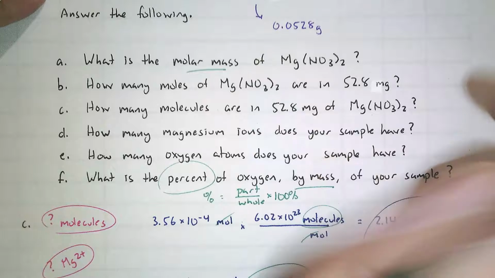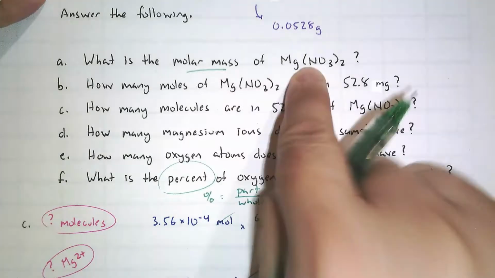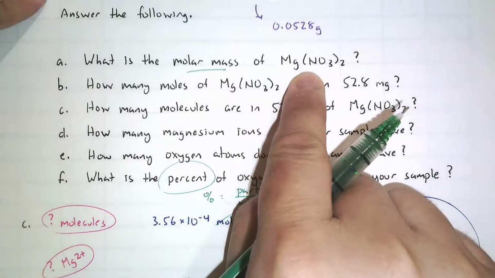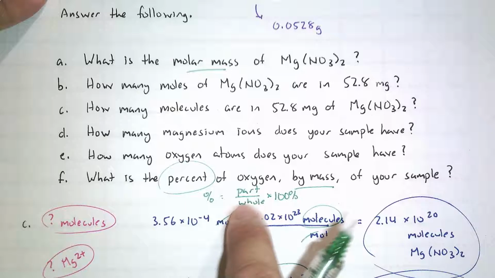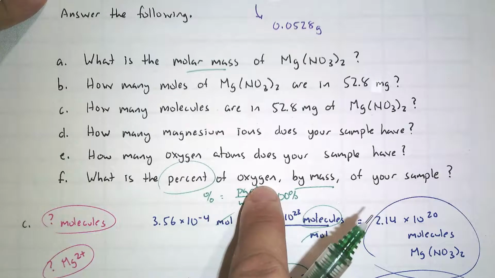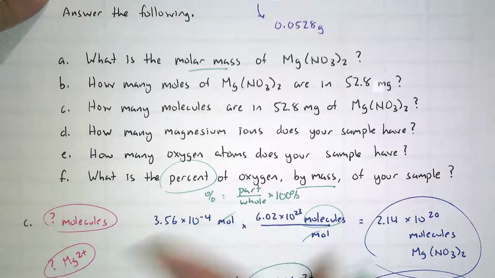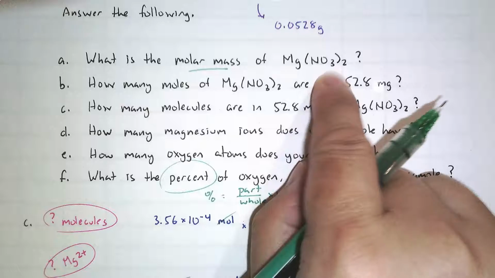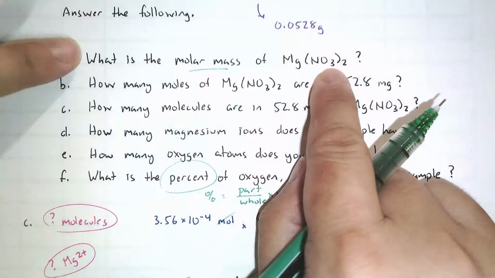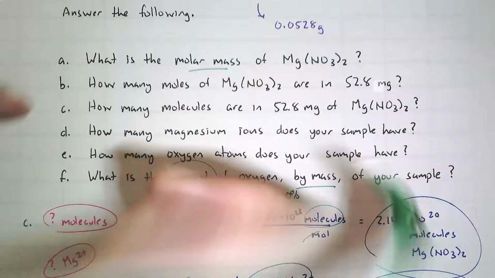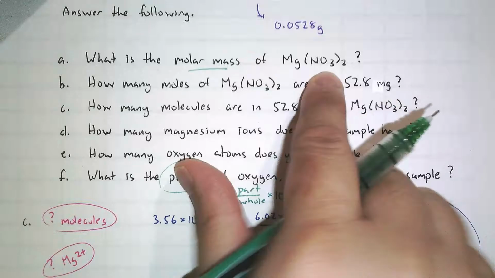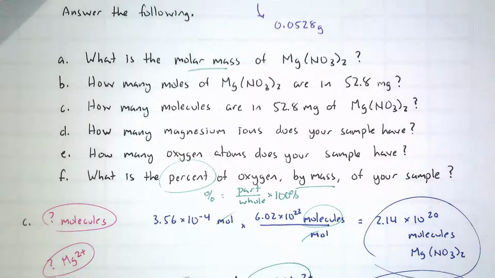So the whole in my mind is the molar mass, and the part is going to be the molar mass of my 6 oxygens, because there are 6 oxygens that are part of the mass of this complex.